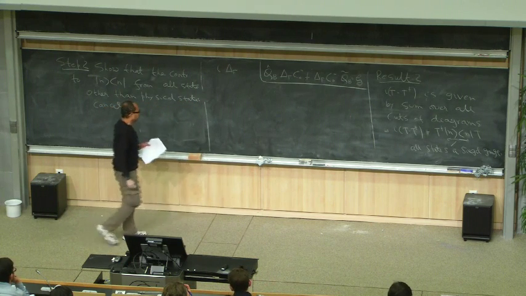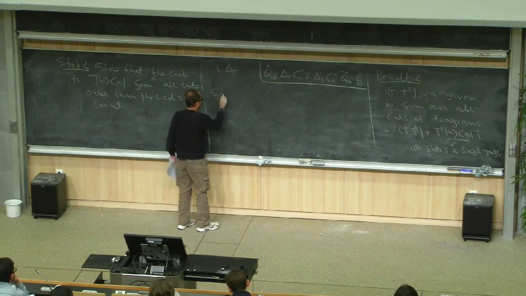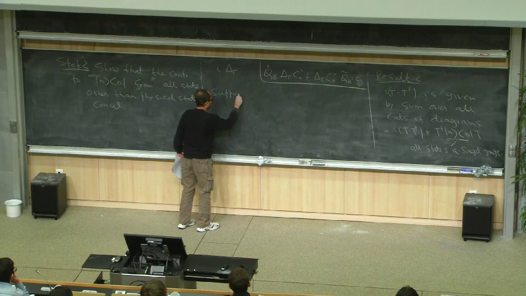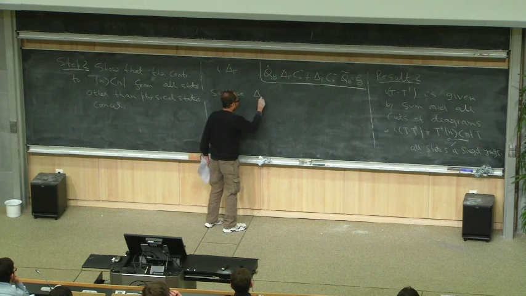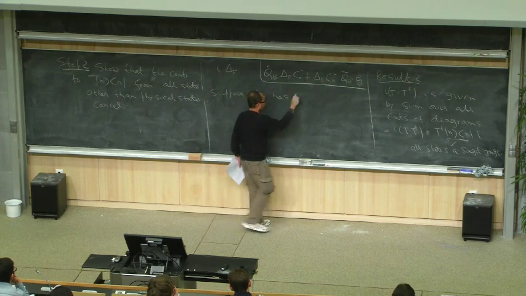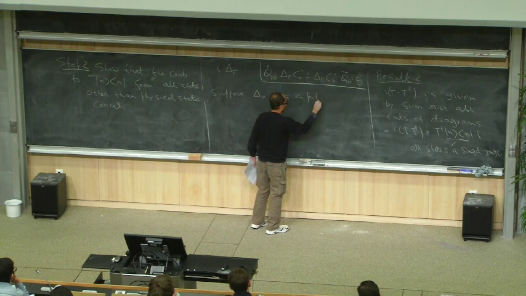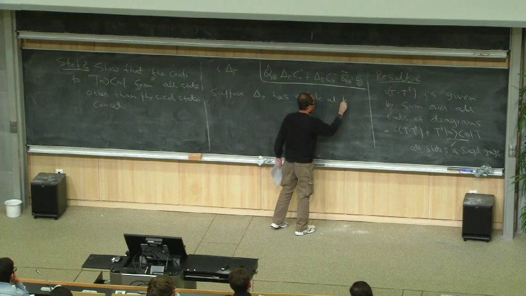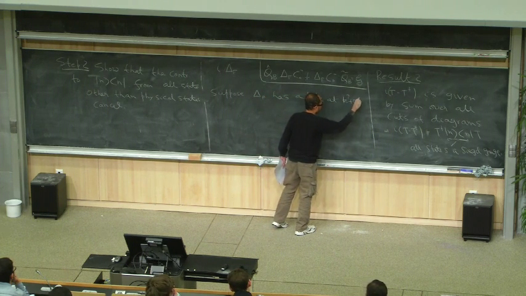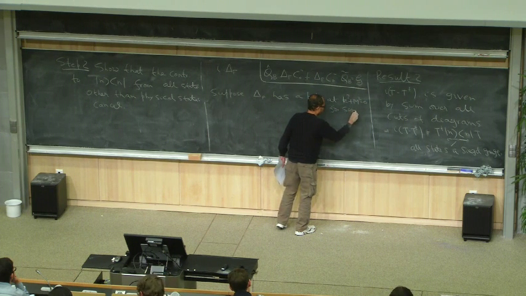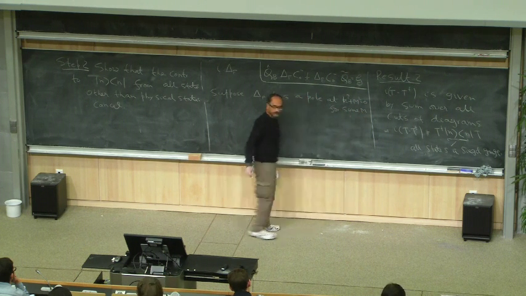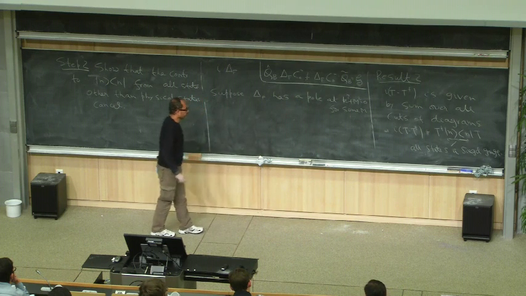Okay. So, suppose Δ_F has a pole at k squared plus m squared equal to 0, for some m. Okay.